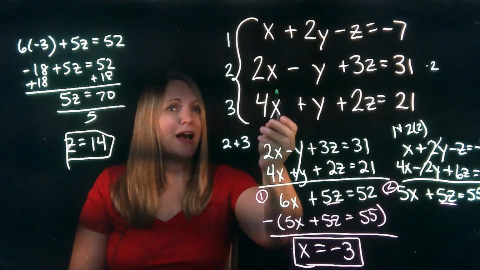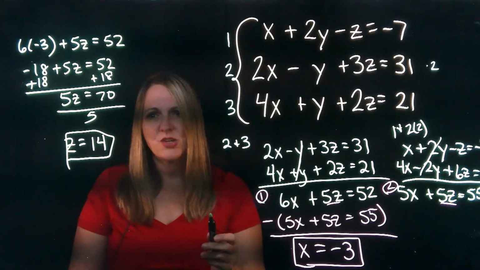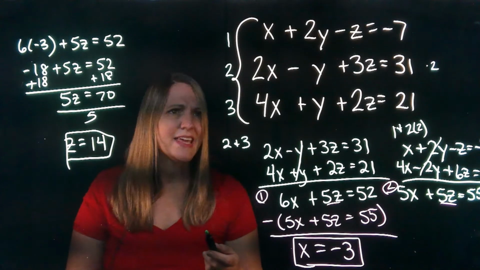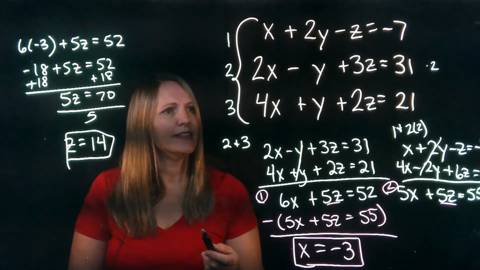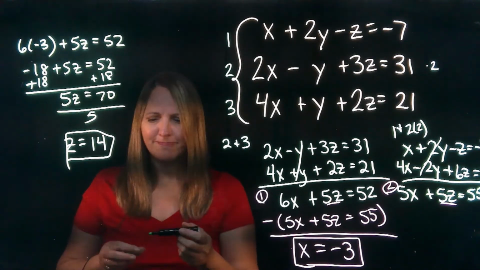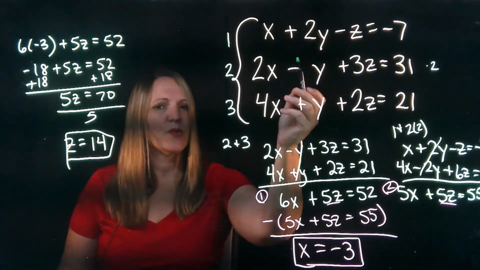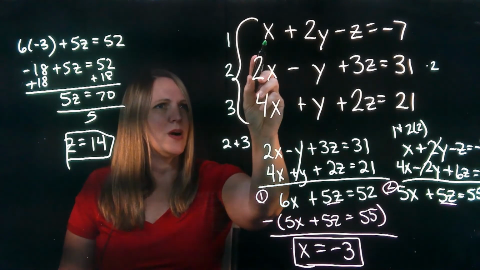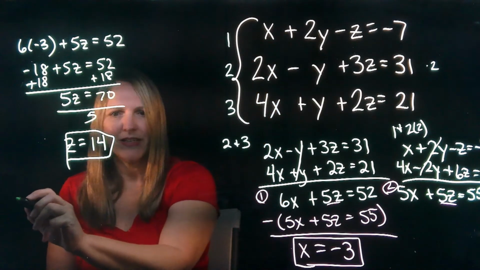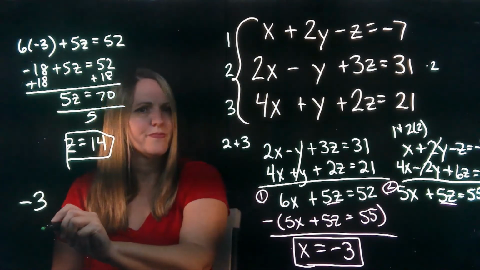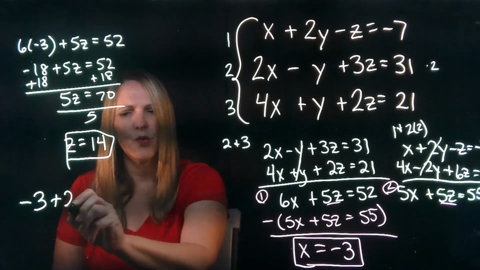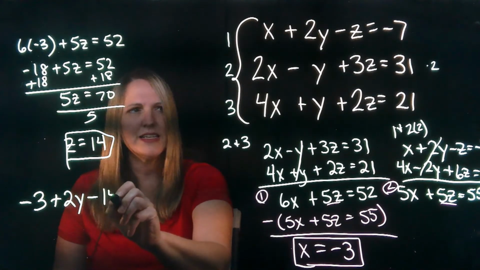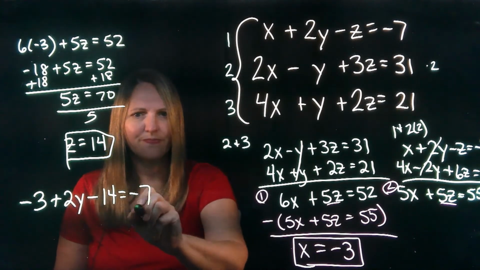Now I just need to find y. I can go back to any of my initial equations to find y, whichever one I like. I think I like equation number 1. Equation number 1 says x, which we found to be -3, plus 2y, we don't know y yet, and minus z, which we found to be 14, equals -7.